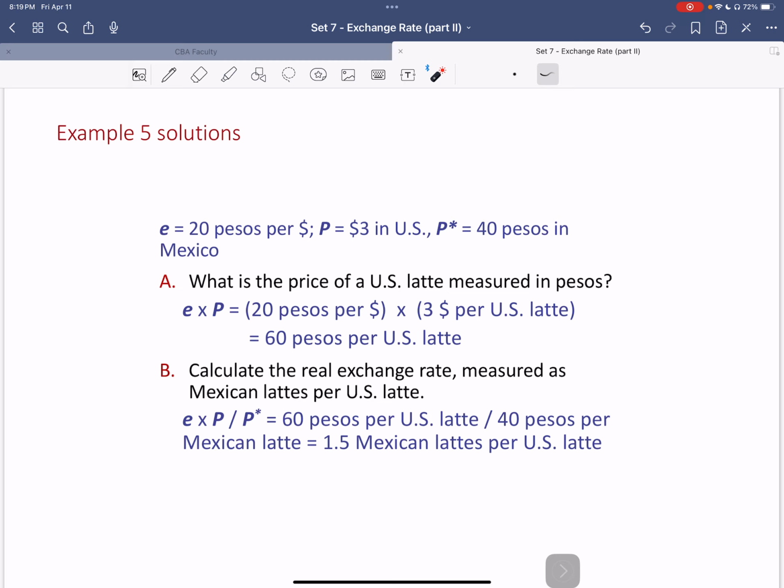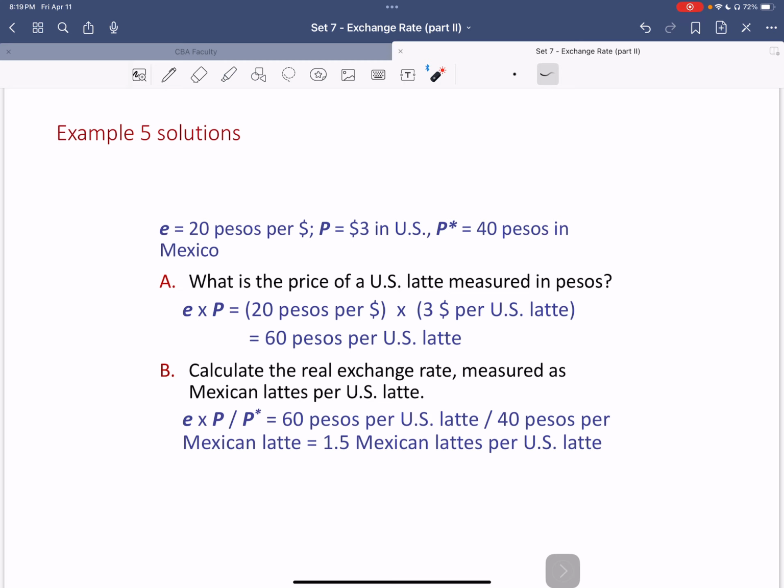That same latte in Mexican peso is worth 60 pesos. Okay. This is different than what is actually happening in Mexico.